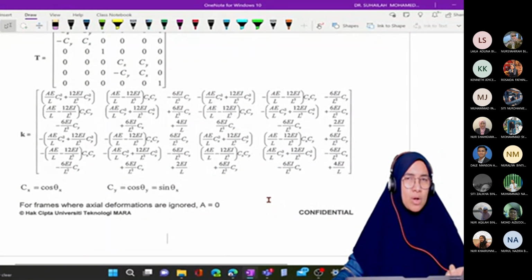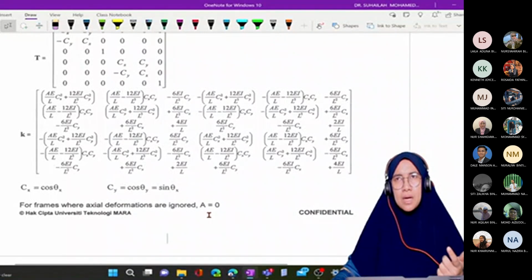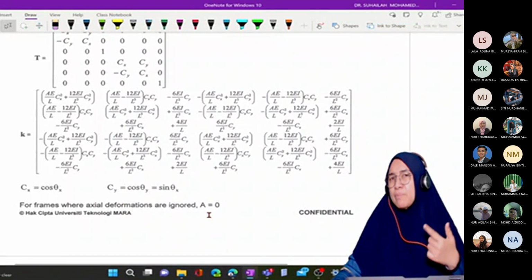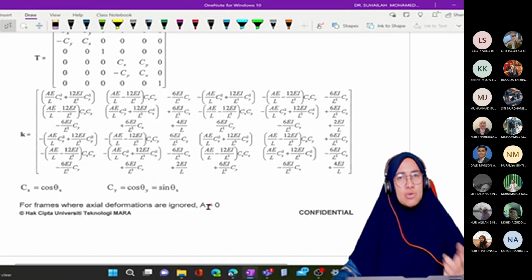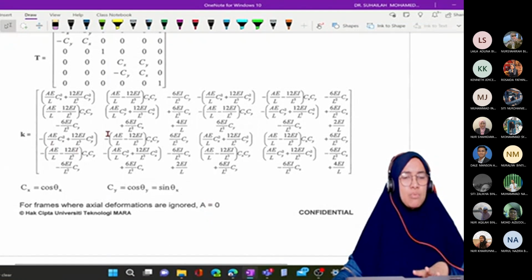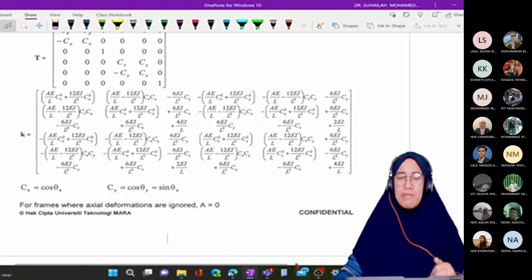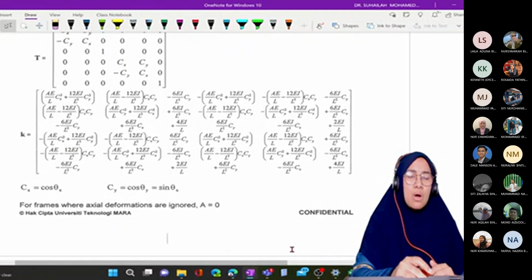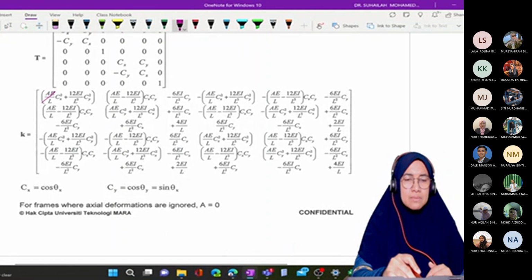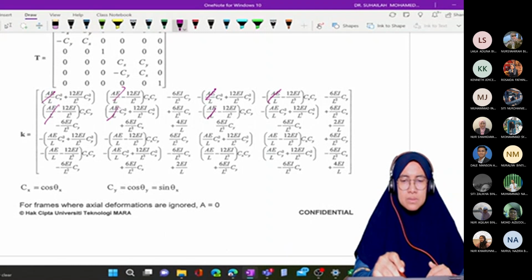Consider bending effect only, consider the primary mode of deformation. So actually in this formula, whenever A equals 0, all the AE terms will be cancelled.